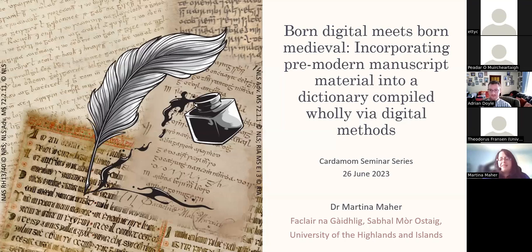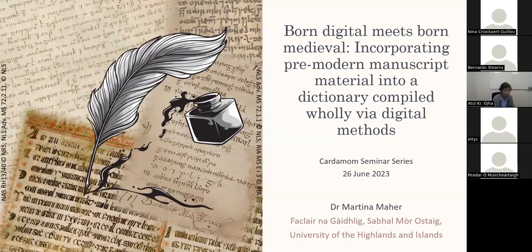Thanks, Adrian. So as the title suggests, I am going to be talking about using manuscript material for this Dictionary of Scottish Gaelic, Faclair na Gaelic. And one of the things that enables the current dictionary to be compiled wholly digitally is that it is using the Digital Archive of Scottish Gaelic, DASG for short.